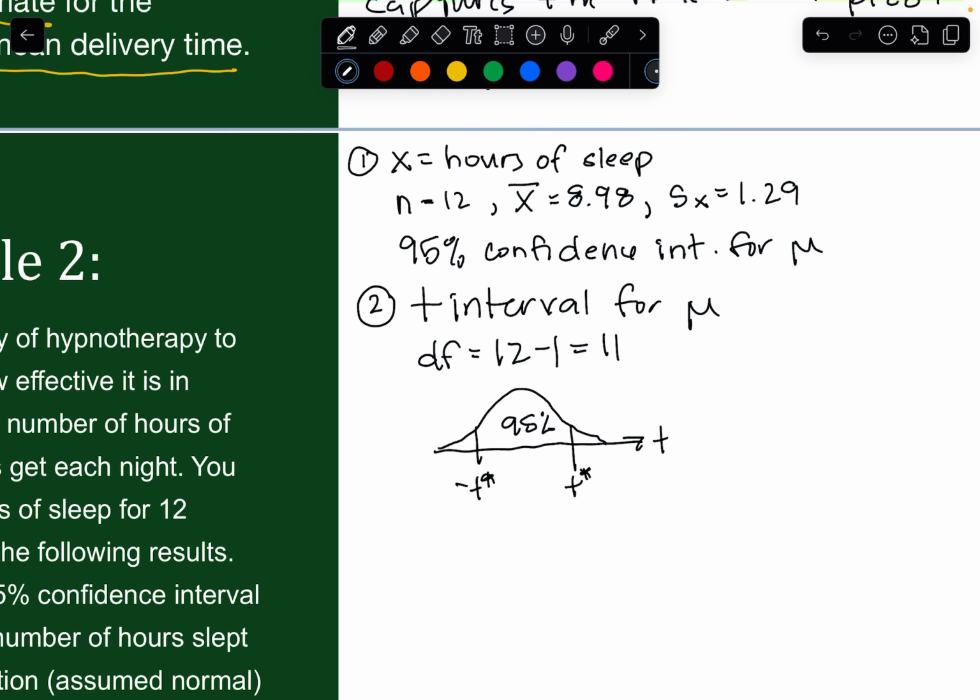I need to know the area in the tail. If 95% is in the middle, that leaves 5% for the edges. And if I cut that in half, that's 2.5% in each tail. So we're going to call inverse t, which asks for area in the tail in decimal form, and our degrees of freedom.